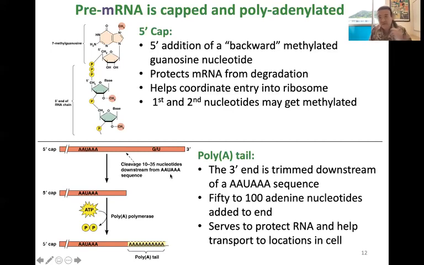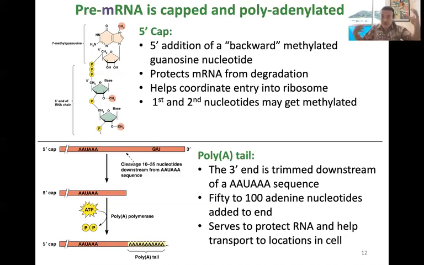The other end of the RNA transcript has a whole bunch of adenines put on the end. This is what we call the poly-A tail. So you can see here at the end of the RNA transcript, you have a whole string of A's added on. Again, that's also a way to protect the end of this tail.